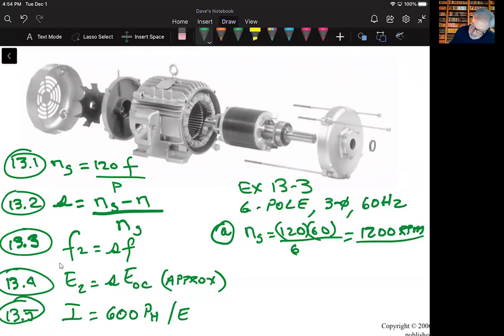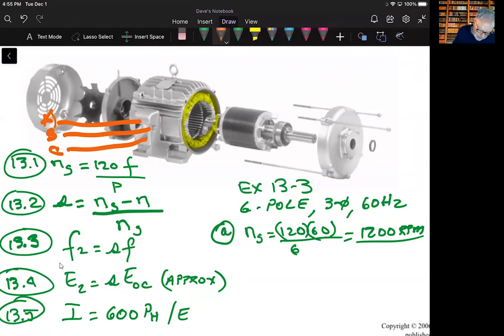That is the speed of the rotating magnetic field in the stator, because it is connected to the 3 phases of electricity coming into the junction box. So synchronous speed is 1,200.